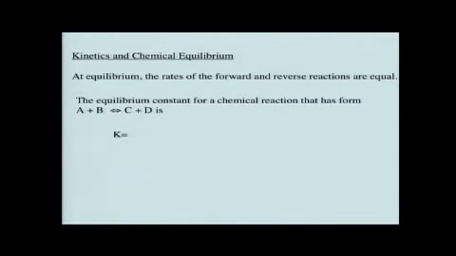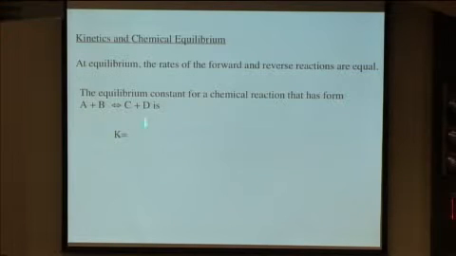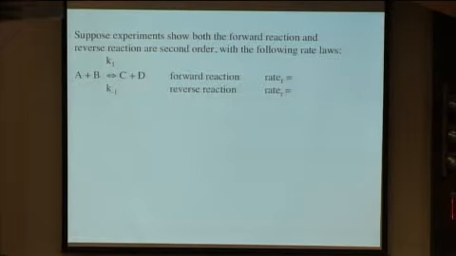The equilibrium constant for a chemical reaction, A plus B equals C plus D, is going to be equal to what? What do I put on the top? Concentration of C and concentration of D, right? So our products, and at the bottom, we put the concentrations of our reactants, A and B. Now, we can also think about this reaction in terms of little rate constants.